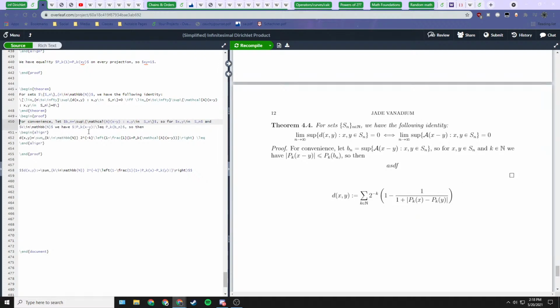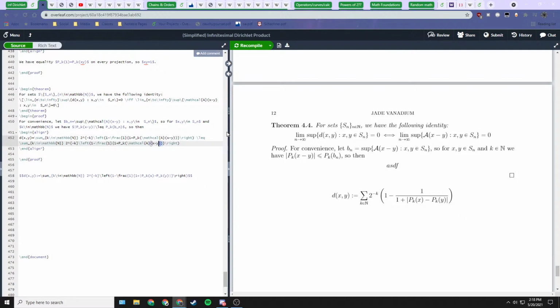So we'll take b sub n as these supremums. For each x and y in these sets, and each index k, we have this bounded by that. So then this is less than or equal to, each one of these is bounded by, instead of p of x minus y, we can replace this with b sub n.